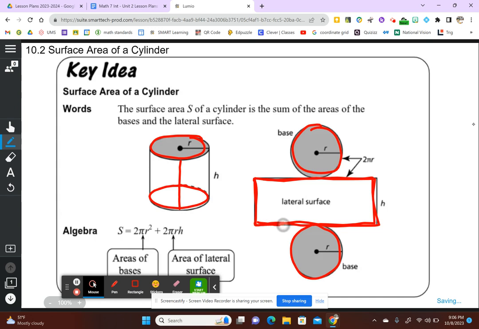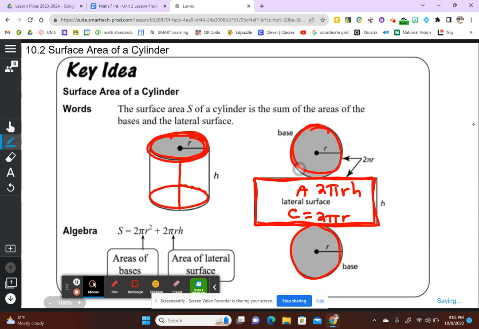But the length of the rectangle is the circumference of the circle. So when you measure the rectangle, this is the same as the circumference, which is 2 pi r. So the area of this rectangle is 2 pi r h.